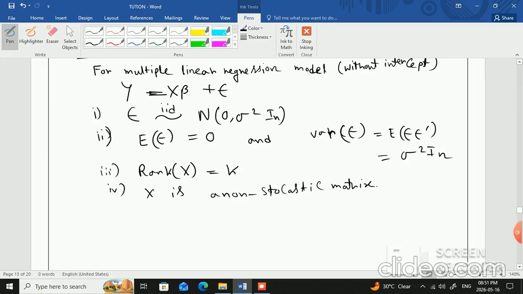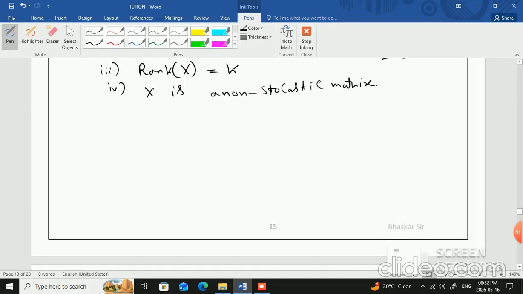IID means identically and independently distributed. Next we estimate the parameter.